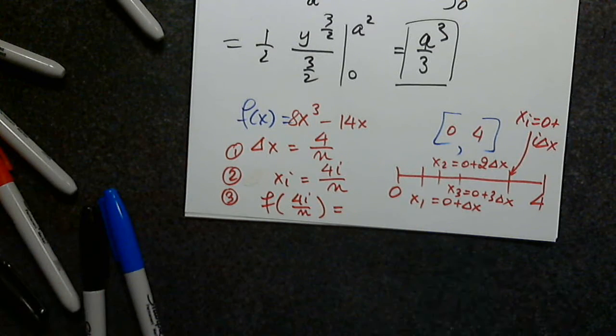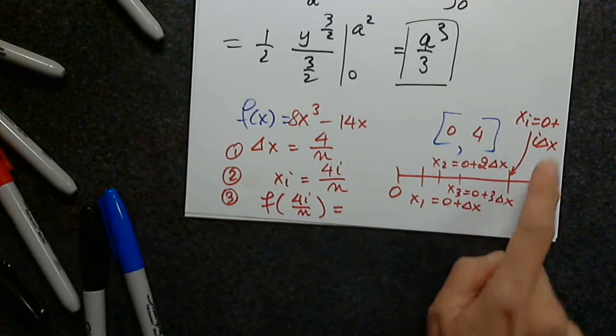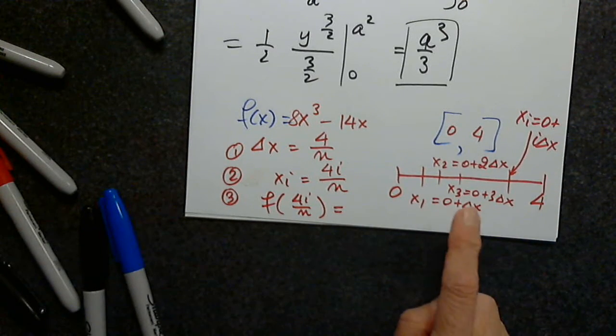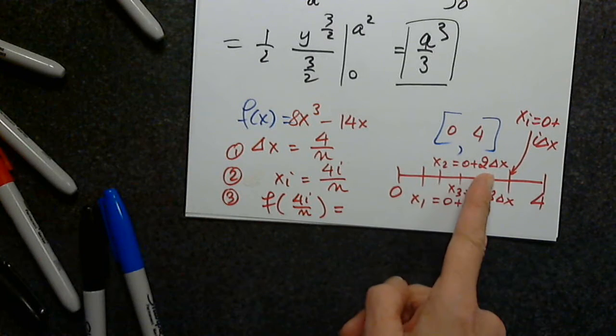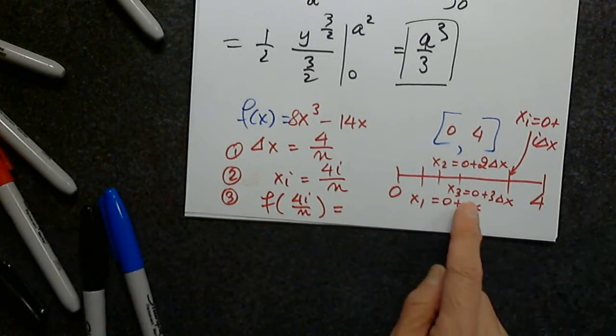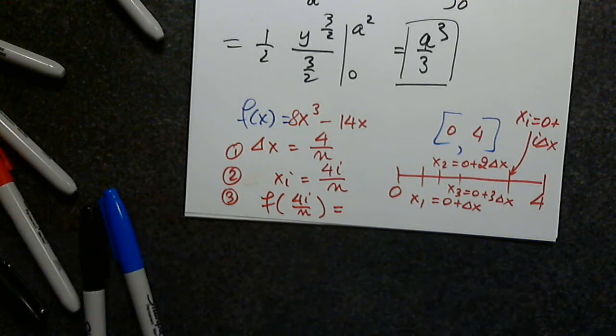When i is 1, I get 0 plus delta x. When i is 2, I get 0 plus 2 delta x. When i is 3, I get 0 plus 3 delta x. So that's why the general term is 0 plus i delta x. Is that okay? Moving on.